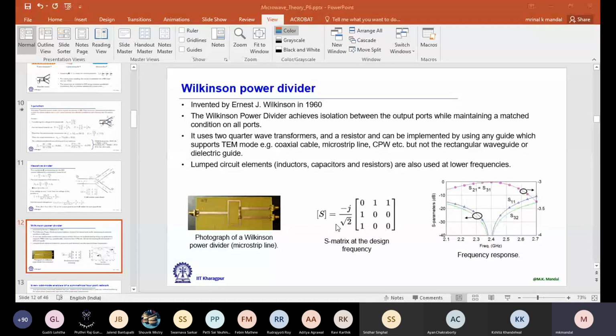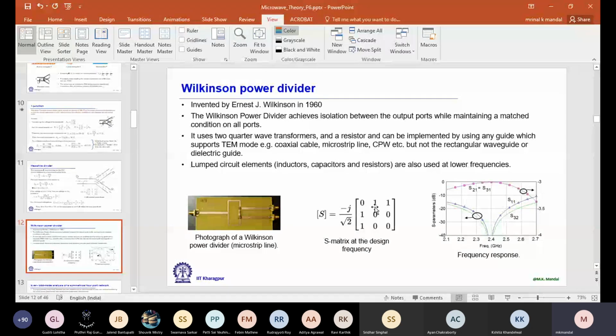Well, so in terms of real and complex, we have the S matrix here. It's a 3x3 matrix. So all the ports are matched. Then S11, S22, S33 magnitude is equal to 0. And from port 1 to 2, port 1 to 3, equal power division with 90-degree phase, so it comes as minus j/√2.